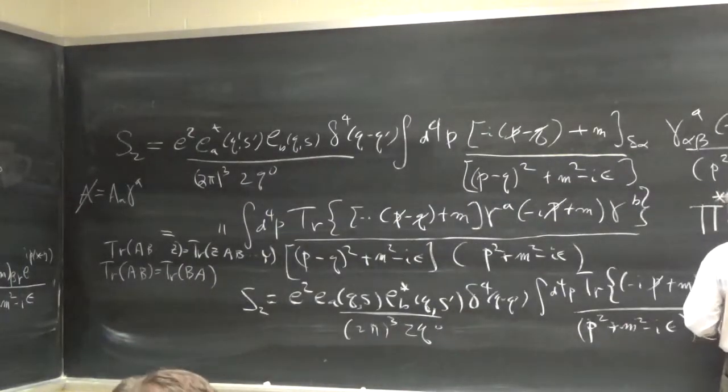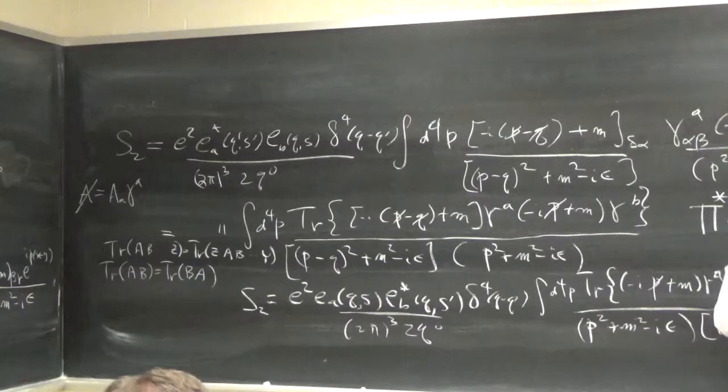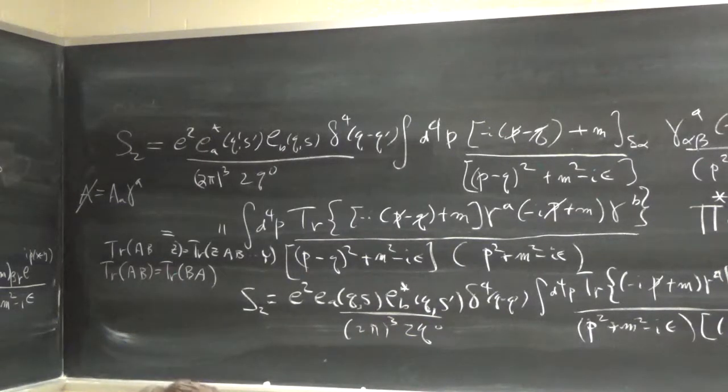And so it's minus i e squared over, and he puts in an extra 2 pi, 2 pi to the fourth, d fourth P, and it's this trace of, again, minus i P slash plus M, gamma A, minus i P slash minus Q slash plus M, gamma B, and then P squared plus M squared minus i epsilon times P minus Q squared plus M squared minus i epsilon.